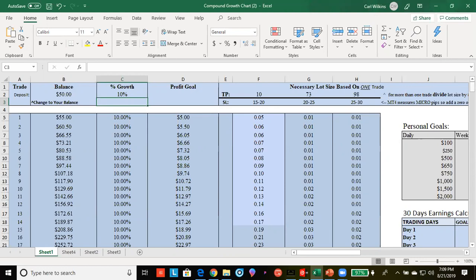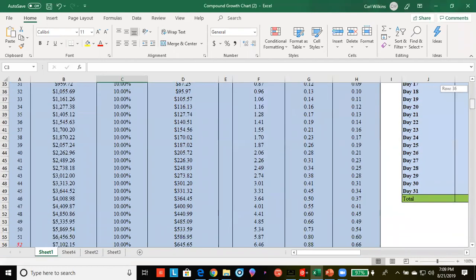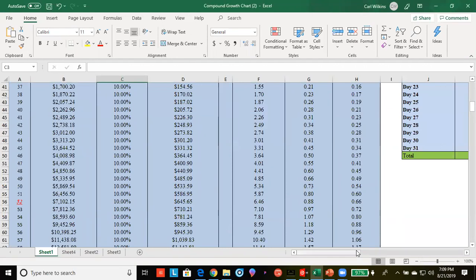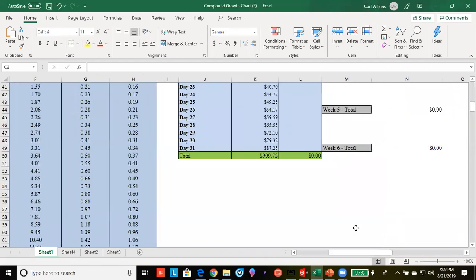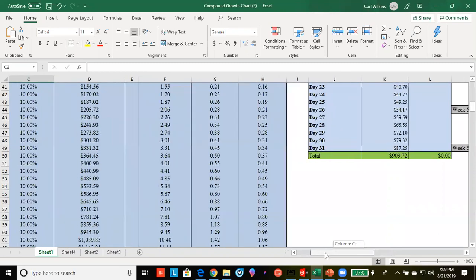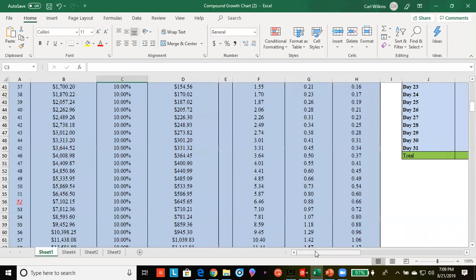So let's speed things up a little bit. We're going to go down to day 31. Trading day 31, we're looking at $909.72 from a $50 account. That's pretty phenomenal because I don't know any bank that's giving you that type of return on your money, let alone a penny back on your money in a whole entire year.